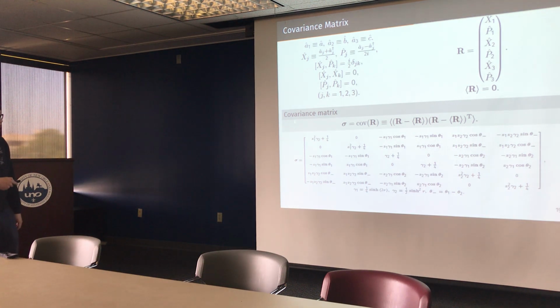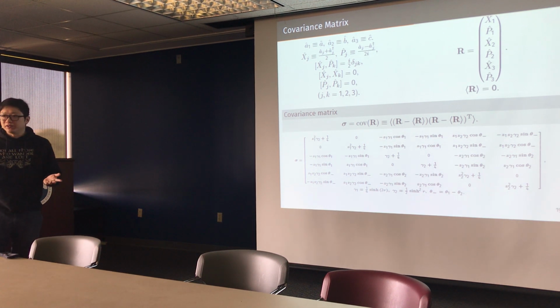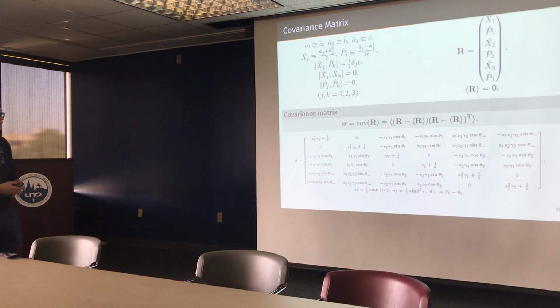So this is what the covariance matrix looks like. And so on the diagonal terms, all the diagonal elements are just variances of each quadrature operator, and the off-diagonal terms are the covariances of pairs of quadrature operators.